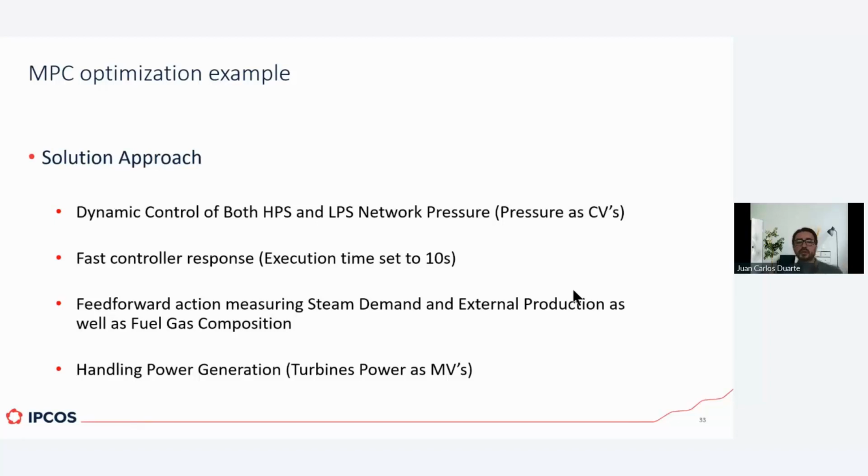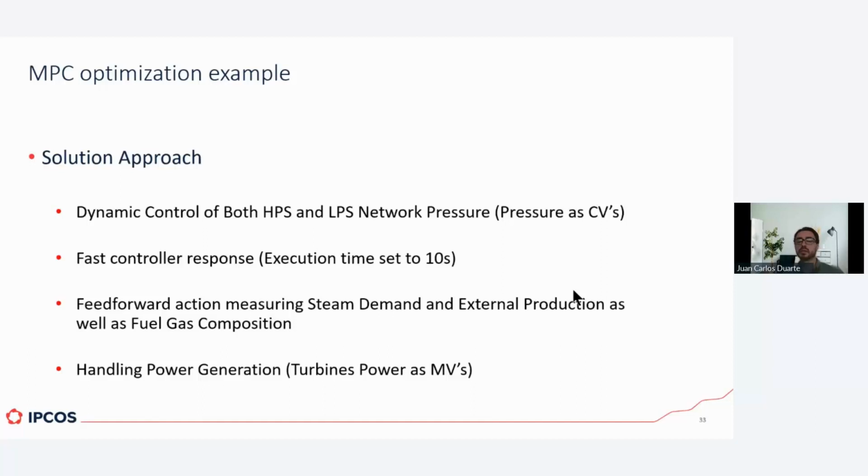So the solution was basically a dynamic control of both the high pressure network and the low pressure steam network. The pressure of the network was controlled by the APC itself.